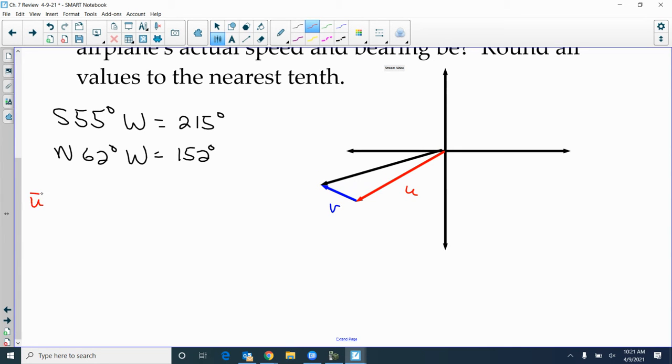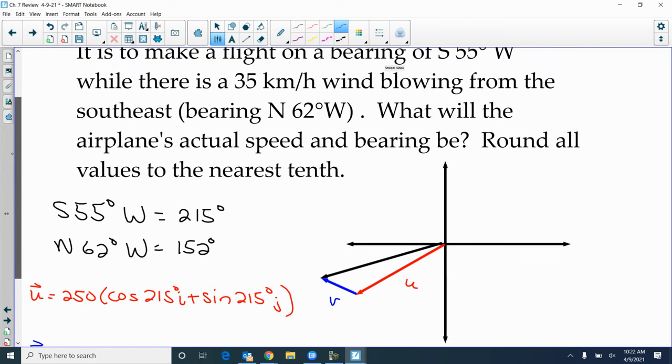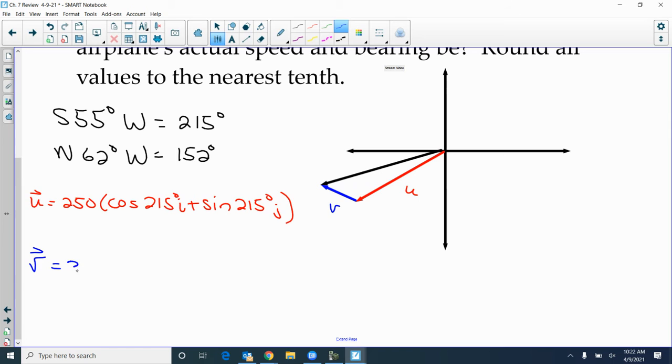So U equals 250 cosine of 215 degrees i plus 250 sine of 215 degrees j. And then V is the wind speed, 35, cosine of 152 degrees i plus 35 sine of 152 degrees j.